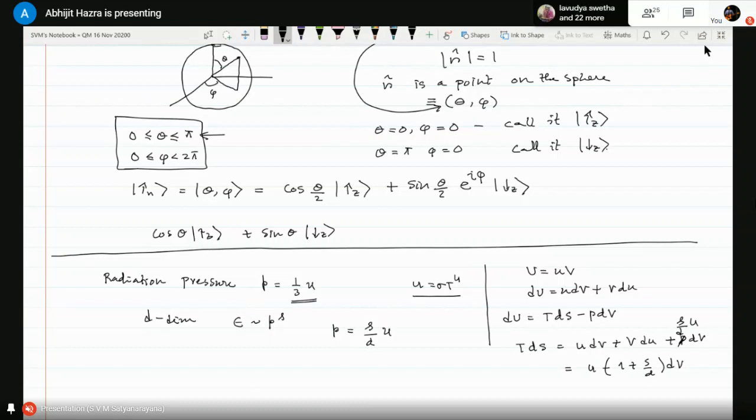In three dimensions this is 1 by 3, so 4 by 3. So we have d plus s in the numerator.